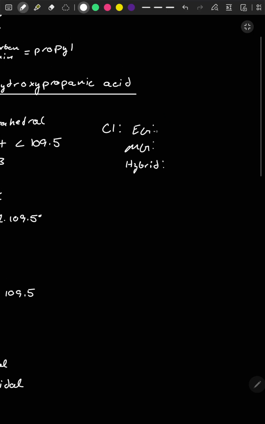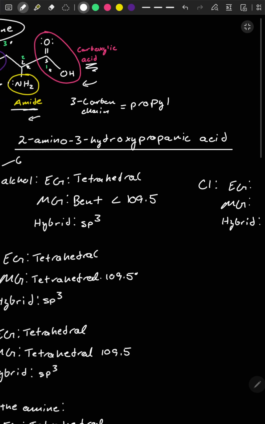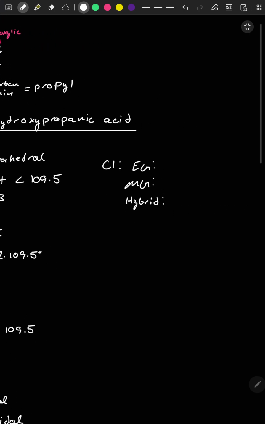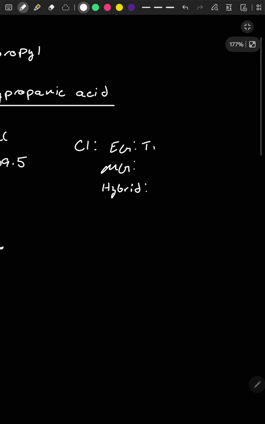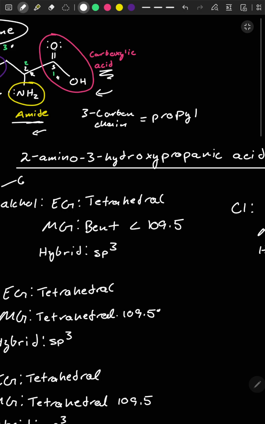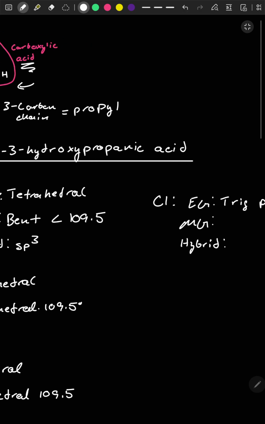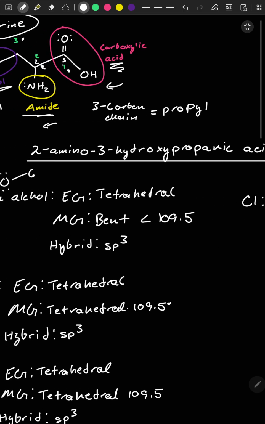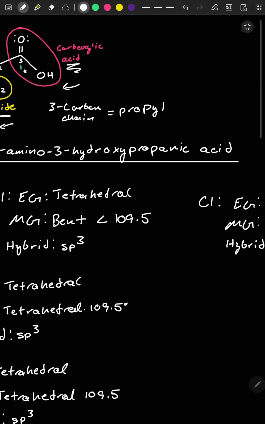So our electron geometry is going to be trig planar because it only has the 1, 2, and then this counts as a single bond. For the purposes of naming the geometry, we're going to count that as 1. So trig planar.